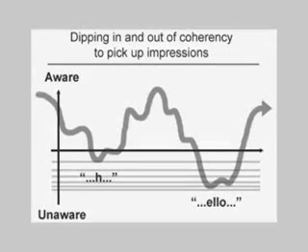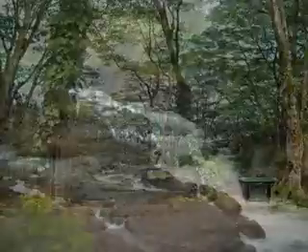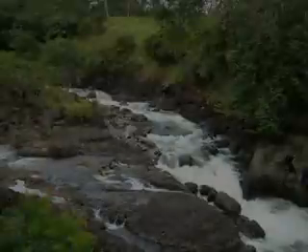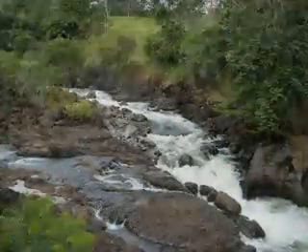You dip down, pick something up, waver up again, and find that you have an impression. Once you're back in conscious coherency, you are operating with your perceptual filters again, so you can't remember how you got the impression. However, at deeper levels of trance, there is no dipping in and out of coherency, and you find that you are starting to get a steady stream of impressions. That is a good sign that you're on the right track.